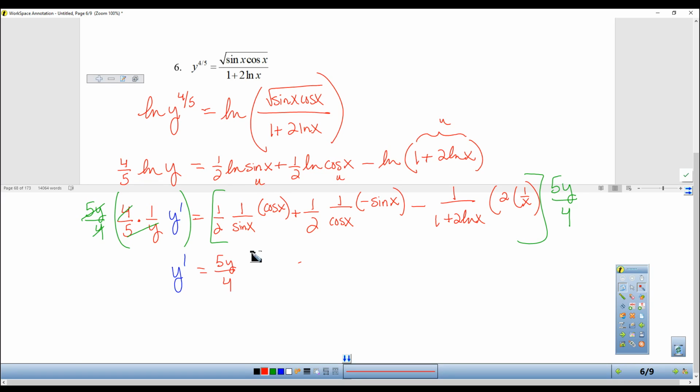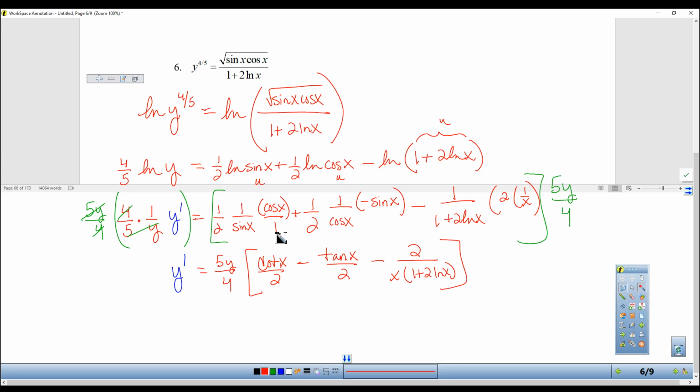I don't know why, just always do. And this is going to be cotangent of x over 2 minus tangent of x over 2 minus 2 times x times 1 plus 2 ln of x.